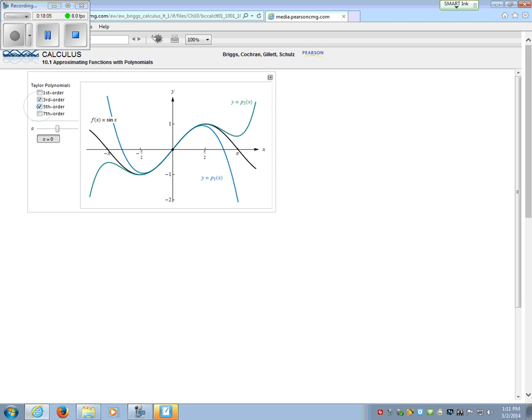The fifth order one is even better all the way out here. It almost coincides all the way out past negative pi over 2 and pi over 2. And the seventh order polynomial is going to be an even better approximation further away. It gives you a wider interval that it's approximating well. So you can see that the higher order derivative gives an approximation for a larger interval around where it's centered.